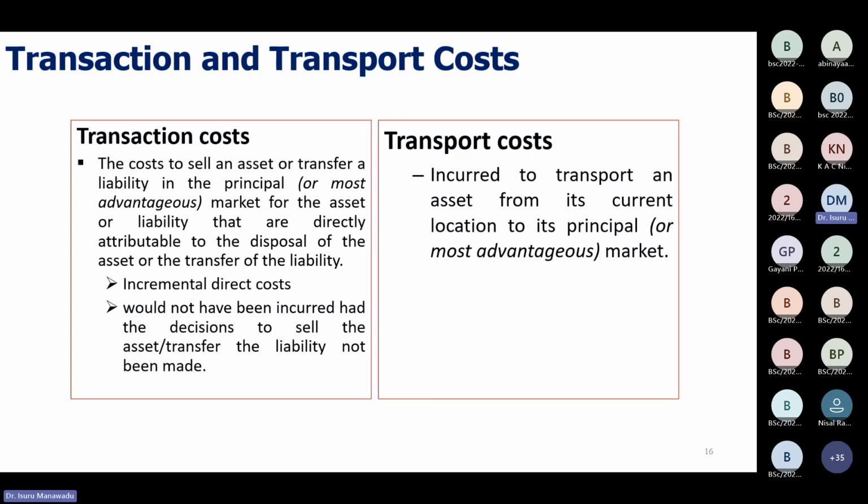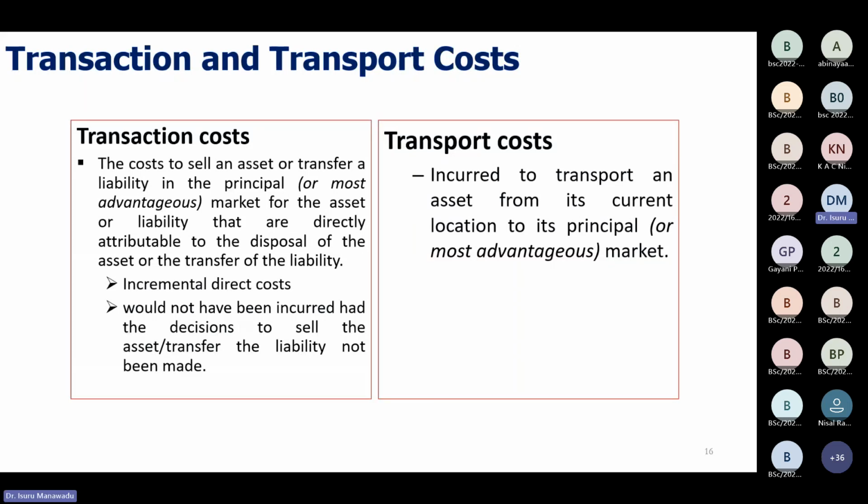So there is a crucial thing that you should understand. Transaction cost and the transport cost. Transaction cost is an incremental direct cost, maybe stamp duty, maybe lawyer fee. It is the cost to sell an asset or transfer a liability in the principal or most advantageous market that is directly attributable to the disposal of the asset or transfer of the liability.